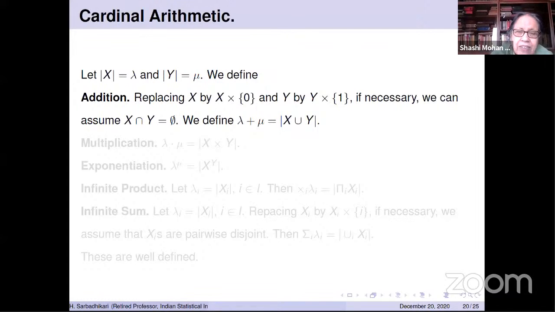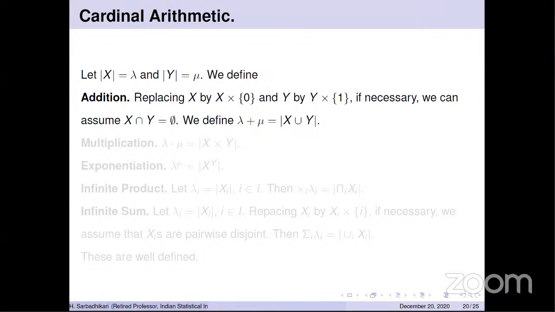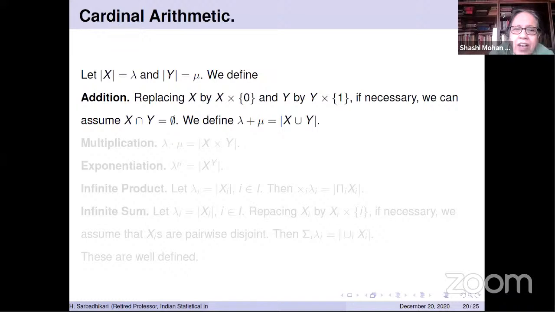To make sure they are disjoint, instead of X, I can put X cross 0, instead of Y, Y cross 1. Then I know for sure they are disjoint sets. And then the cardinality of the union I call lambda plus mu.